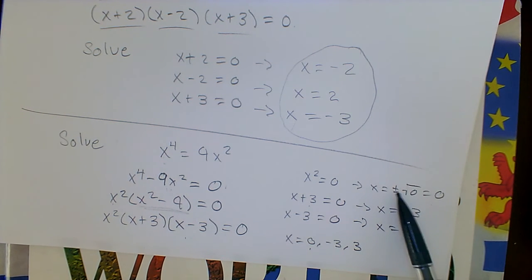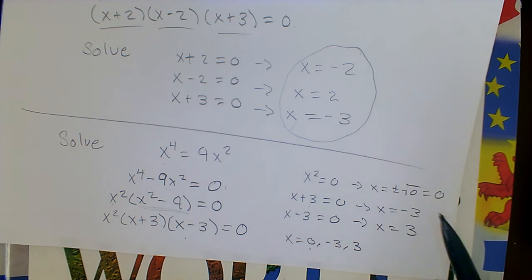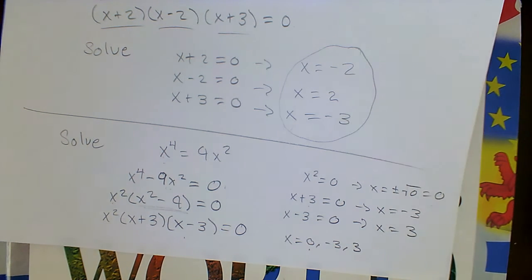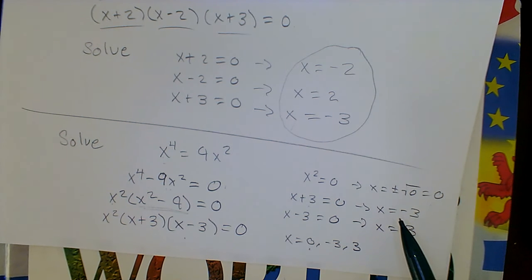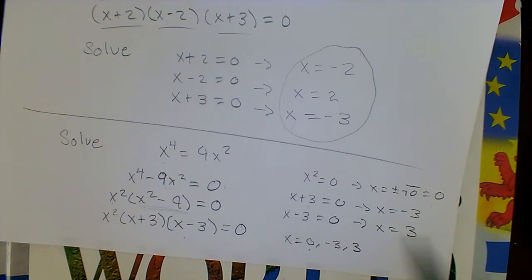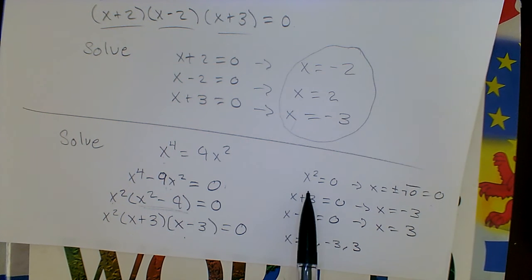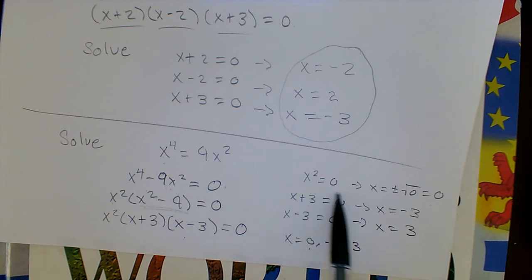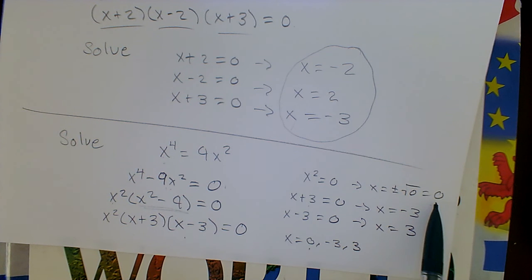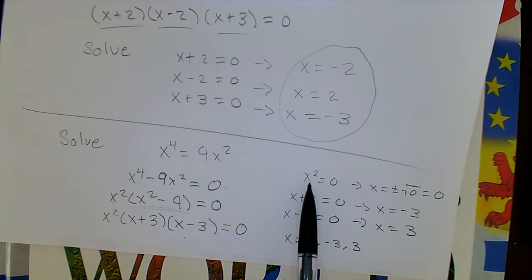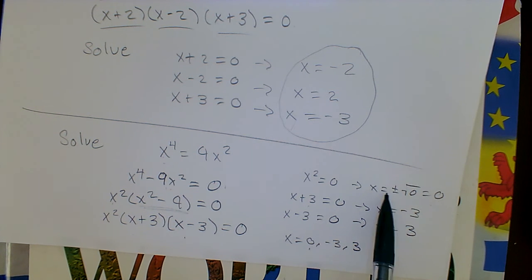Technically you have to do the plus or minus square root of 0, but 0 isn't really positive, it's just 0. So there's just one root here. This root, 0, is kind of a repeat. It's a double root because you have a plus or minus here.